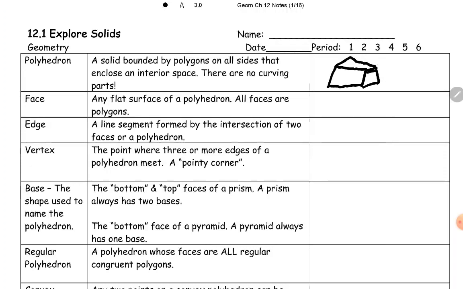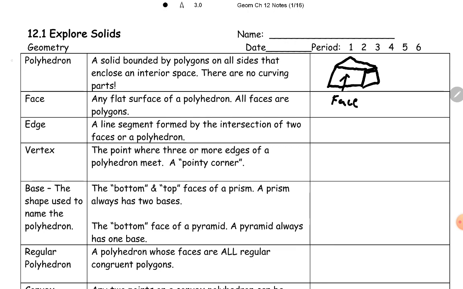So think of a box. Each side is a polygon, and each side is a flat surface called a face. So each side is a face of a polyhedron.